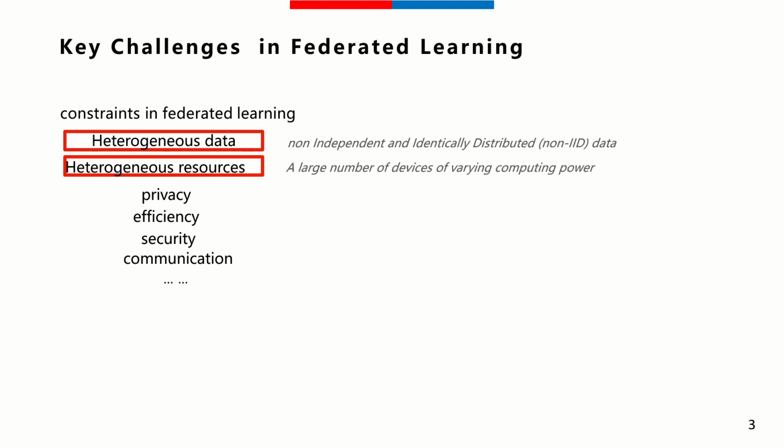The heterogeneous data problem mainly refers to non-independent and identically distributed data on different devices, and the heterogeneous resources problem refers to a large number of devices of varying computing power.